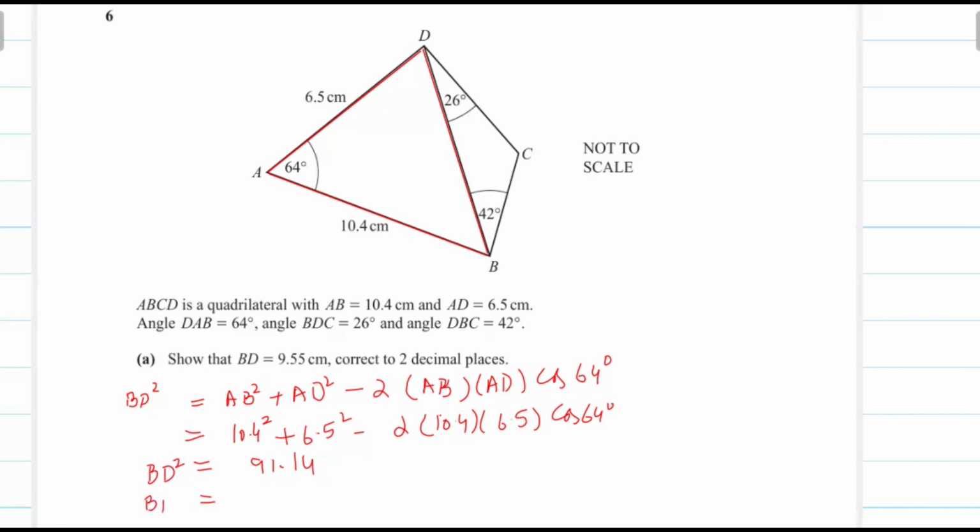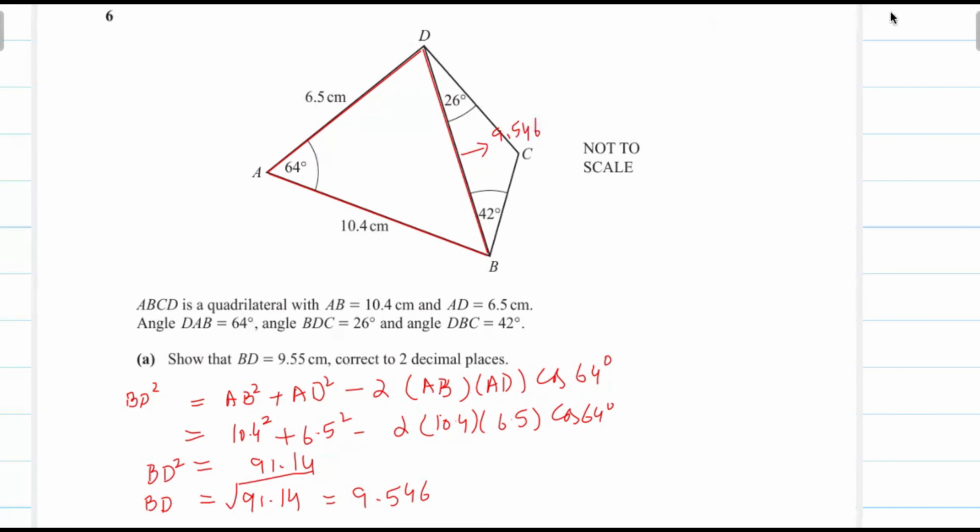Therefore, we take the square root on both sides, we get BD equal to square root of 91.14. This value equal to 9.546, and this is the length of BD, 9.546.